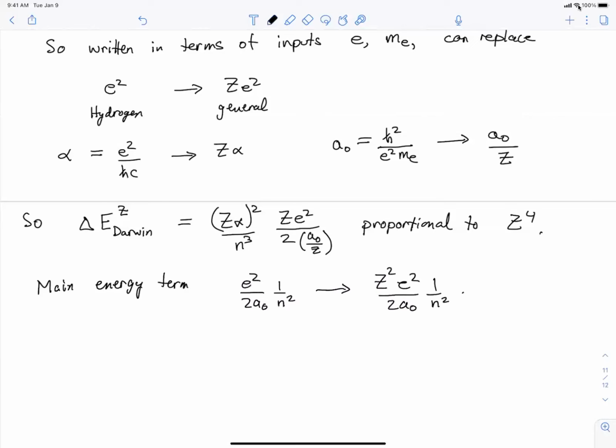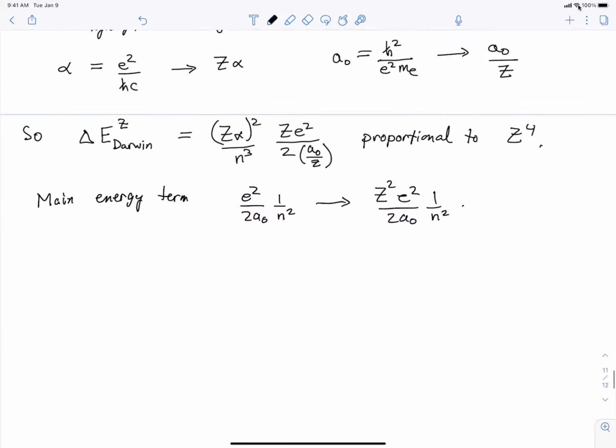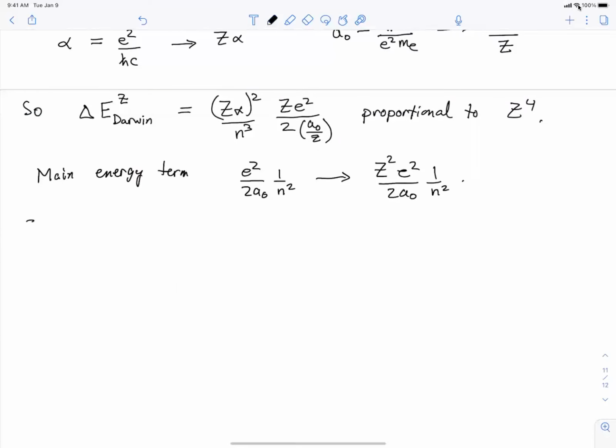And there's actually an equation to that effect somewhere in the notes, because when we derived this last semester, we did it for a general Z. Okay, so the unperturbed energies go like Z squared over n squared, and the Darwin corrections go like Z to the 4th over n cubed.